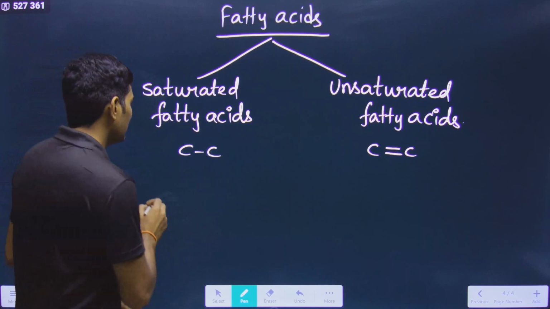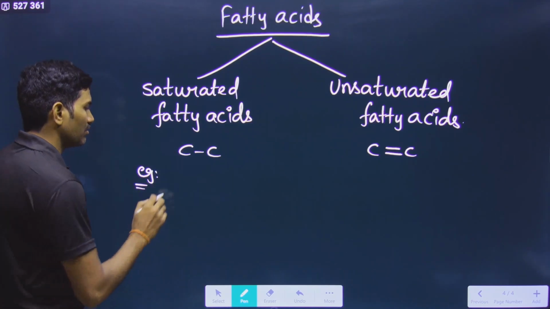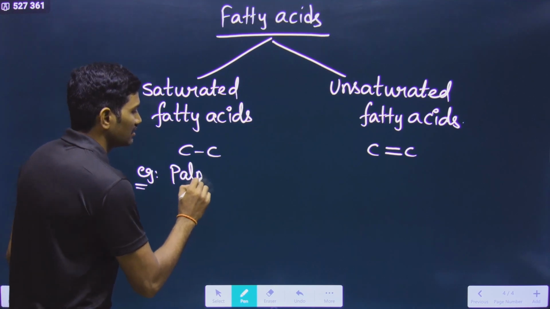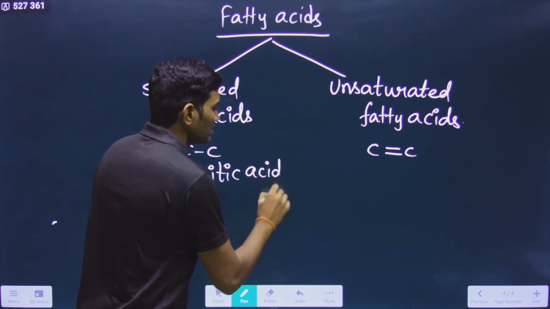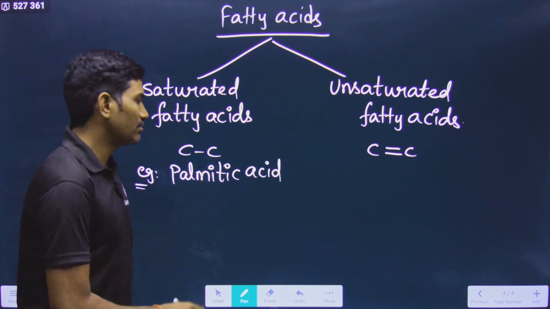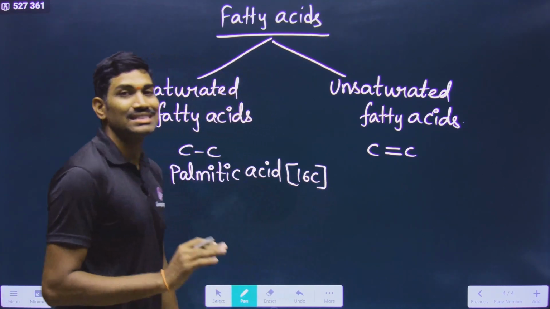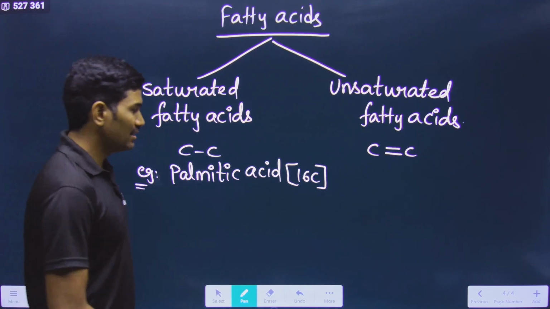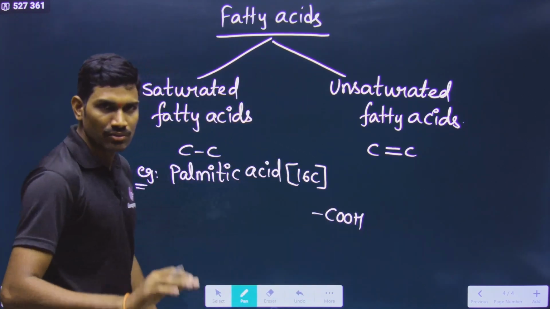In the NCERT, they have given one example here. What was the NCERT example? Here they gave palmitic acid. What is the total number of carbons in palmitic acid? The total number of carbons in palmitic acid is 16. And how will you write this? COOH, one carbon is over.